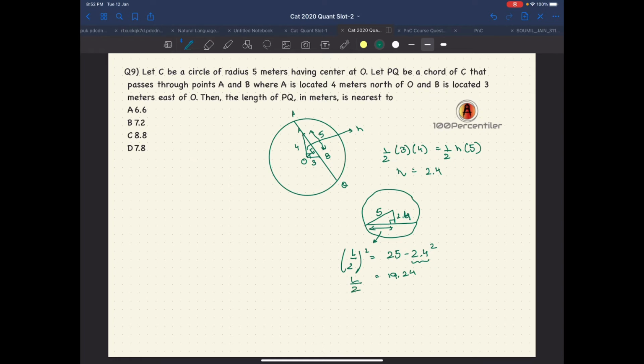And therefore L by 2 is root of 19.24, which is 4 point some value. Looking at the options, if we divide each option by 2, we'll be getting 3.3, 3.6, 4.4 and 3.9. There's only one value, which is 4.4, therefore 8.8 is the required answer here.